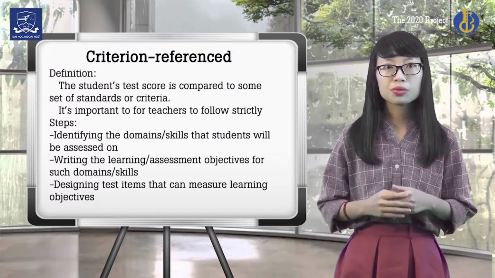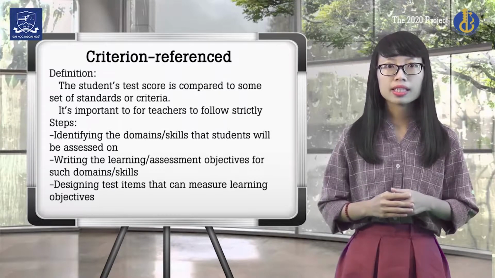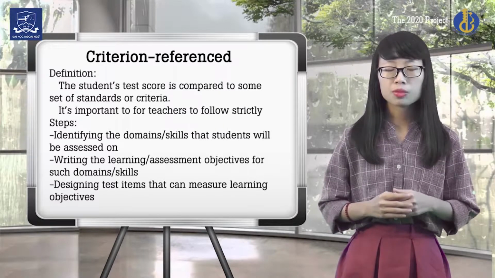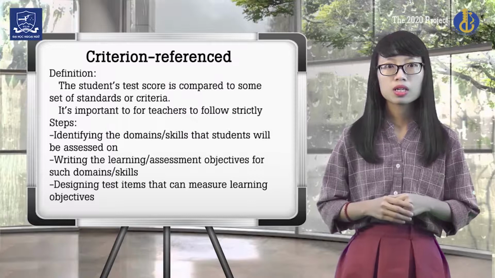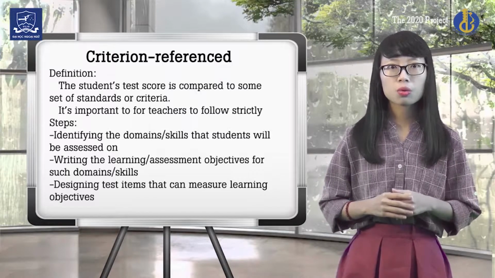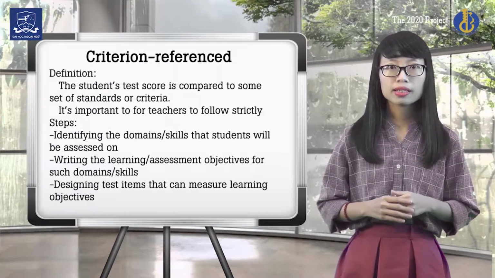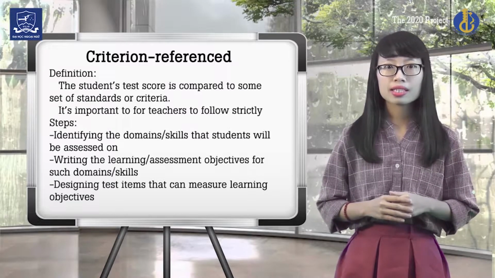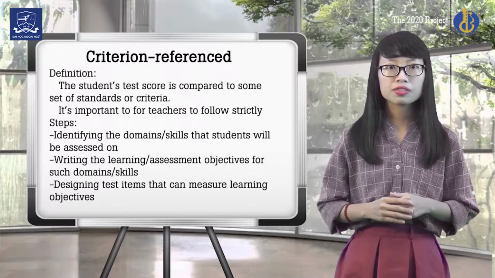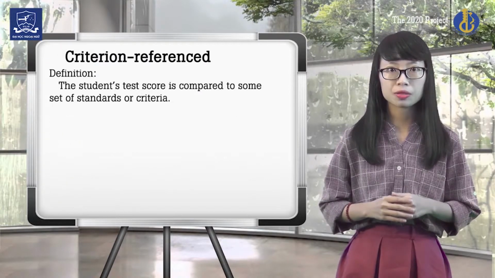Finally, they have to design test items that can measure the intended objectives. So, if a student scores 75% on a test, it should mean that the student has successfully learned 75% of the objectives.